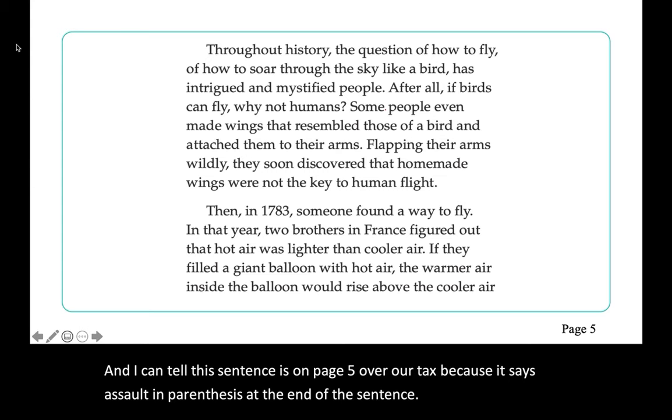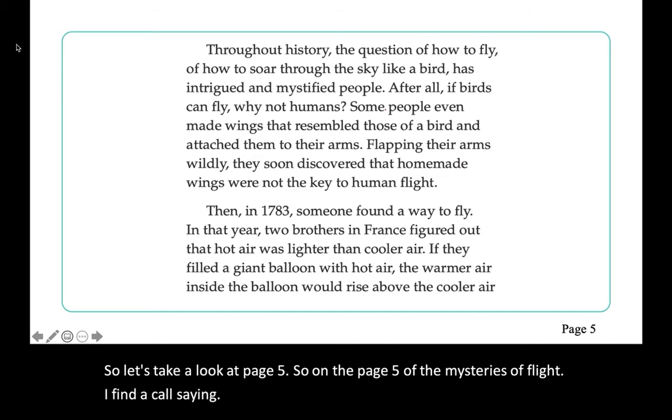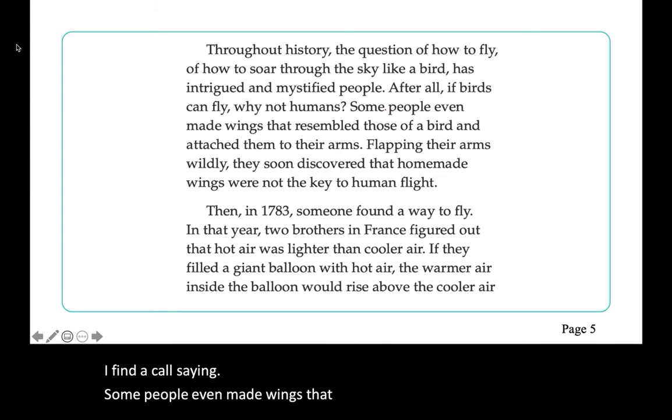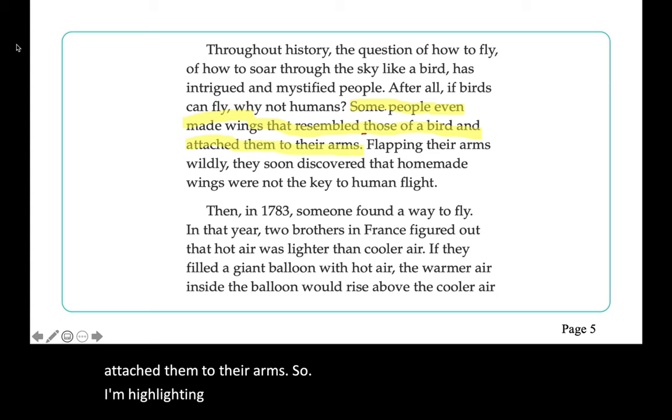So let's take a look at page 5. On page 5 of Mysteries of Flight, I find the cause saying, some people even made wings that resembled those of a bird and attached them to their arms. So I'm highlighting this and marking it with the letter C.